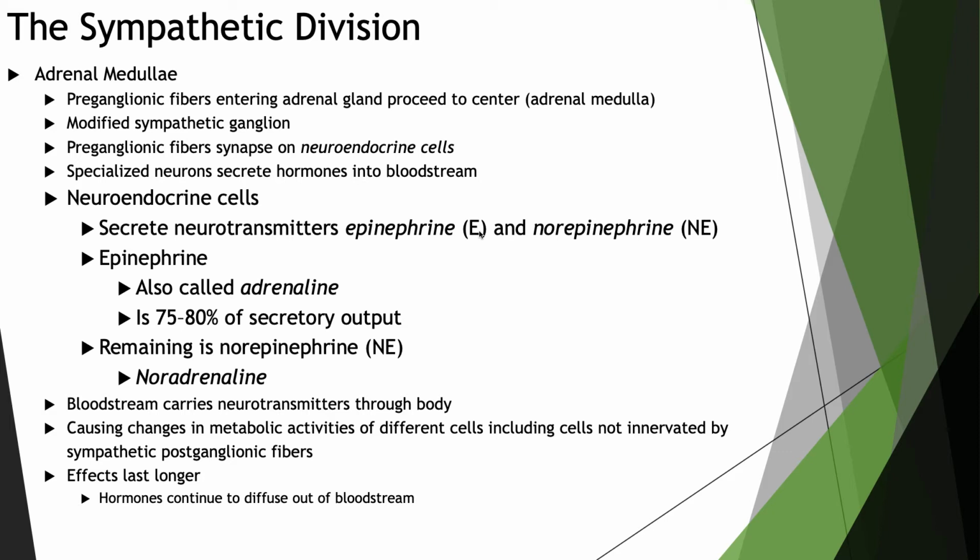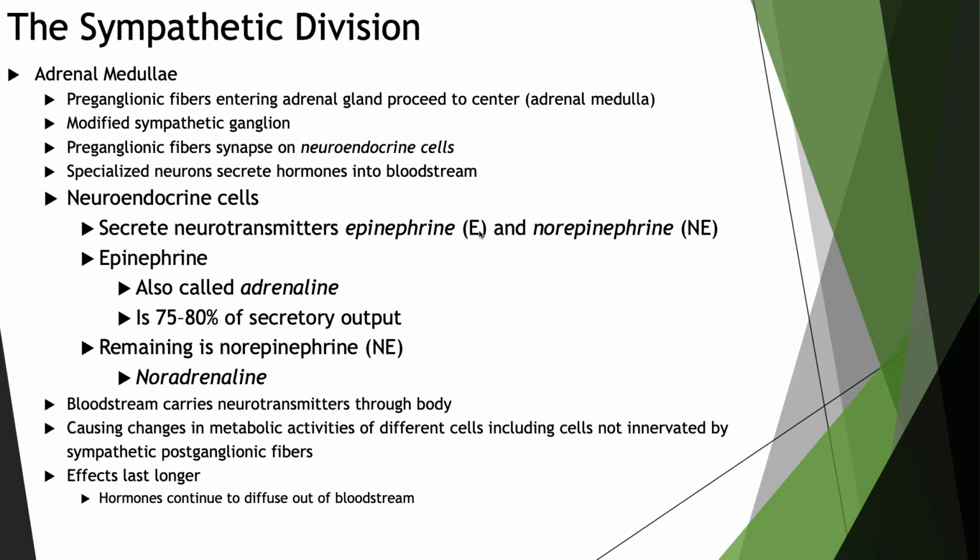These neuroendocrine cells secrete the neurotransmitters epinephrine, which we'll refer to as E, and norepinephrine, which can be referred to as NE. Epinephrine, or adrenaline, makes up about 75 to 80% of the secretory output. The rest is NE, or noradrenaline.